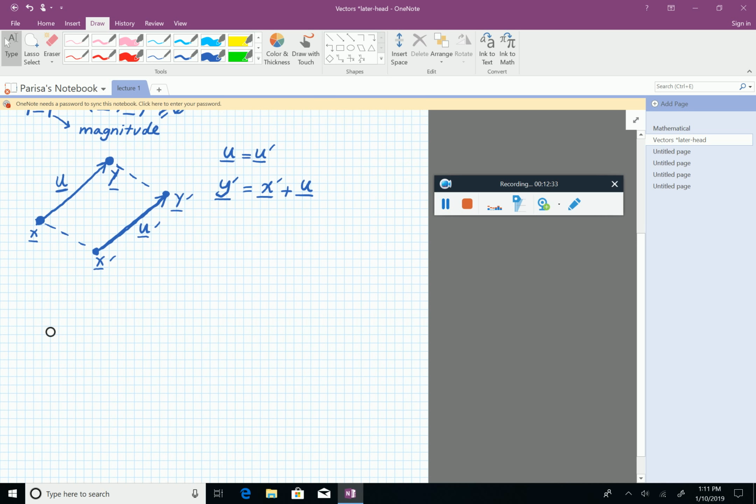This property facilitates another kind of operation which is associated with vectors, and that is the summation of vectors.